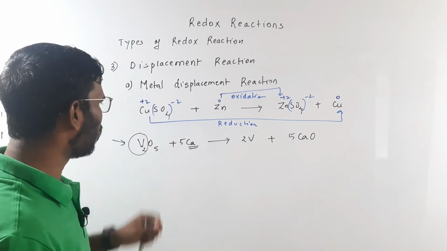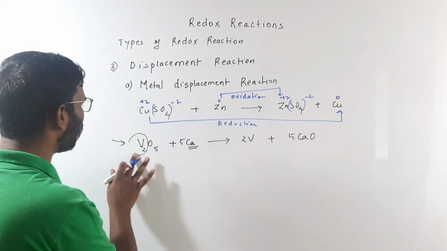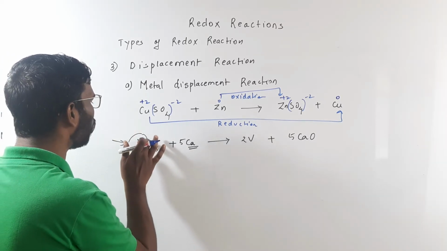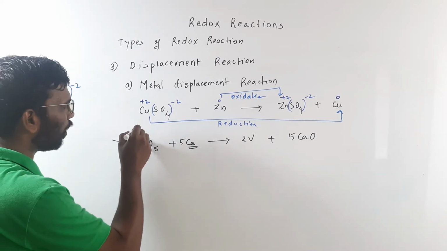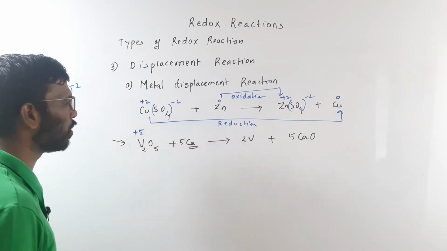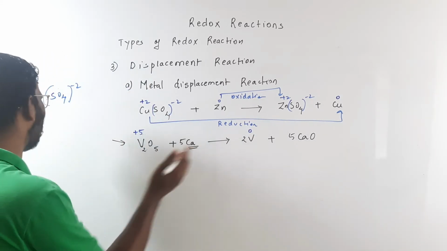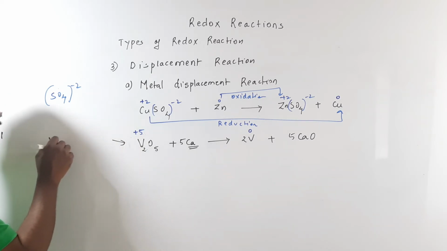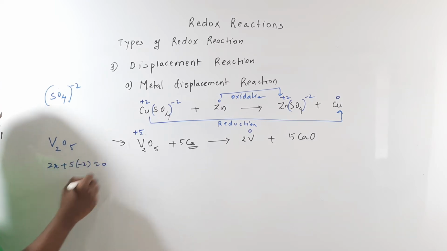Now in the example I was explaining, vanadium is in what oxidation state? If you calculate the oxidation state of vanadium in vanadium pentoxide, it will be +5. It is changing to 0. You can calculate it: V2O5 means 2x plus 5 into -2, and the overall charge is 0.